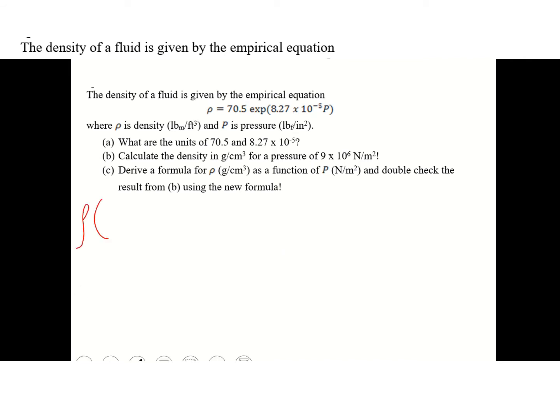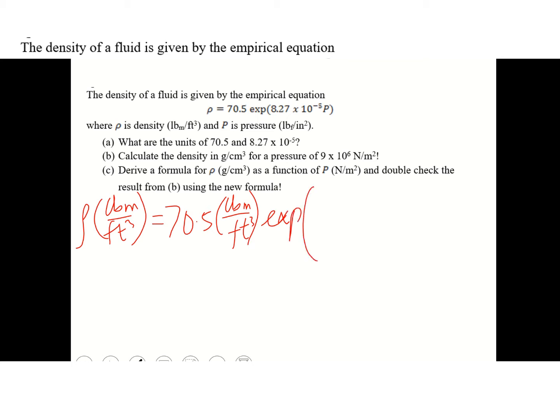If you notice, our density is in pound mass per foot cube, and the expression has 8.27 times 10 raised to the power minus 5, then the pressure P, which is in pound force per inch square. This is what we have at present.